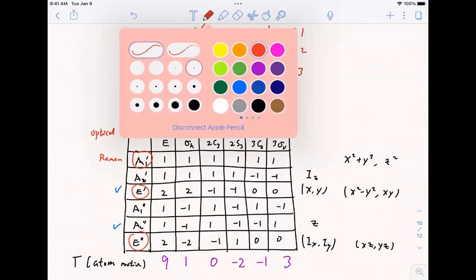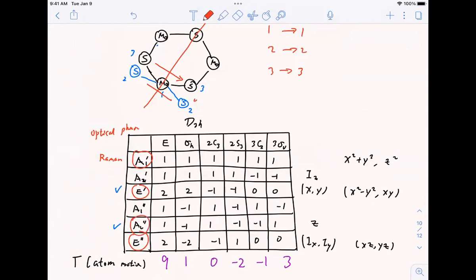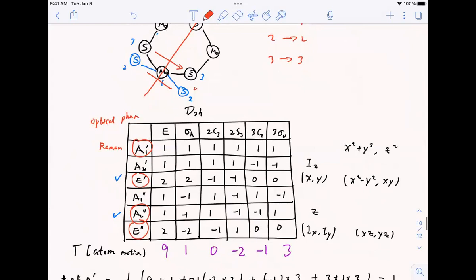So this one is not a silent mode. There's no phonon mode with this representation. Okay, I correct myself. And if there were a mode in this, it would be silent. You just need to know how to apply the character table.